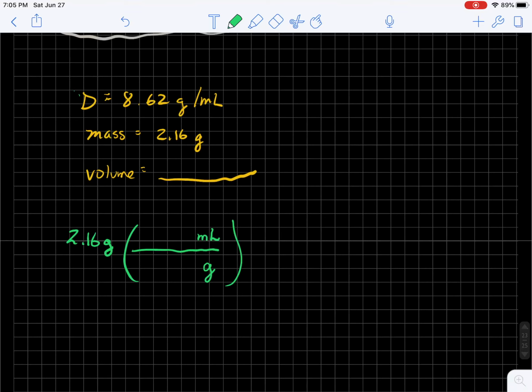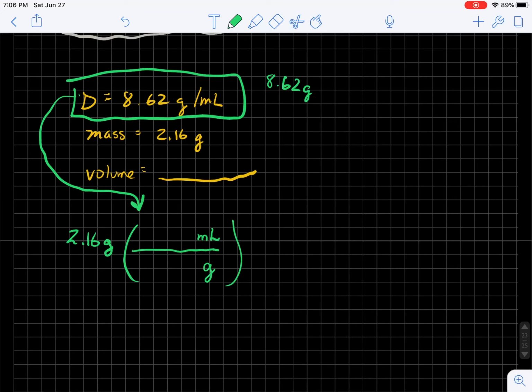And then you say, well, what is the true relationship between those two things? Well, the true relationship of those two things is the density of that object. And the density is, for every 8.62 grams, we have 1 milliliter of the material. So we're going to substitute in those numbers. Now we can solve the problem.